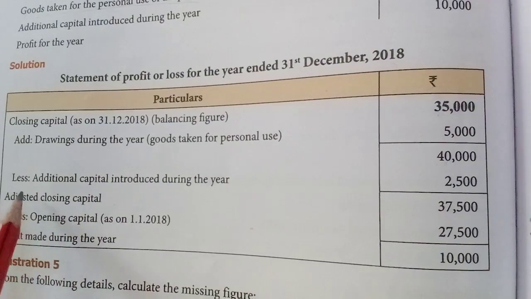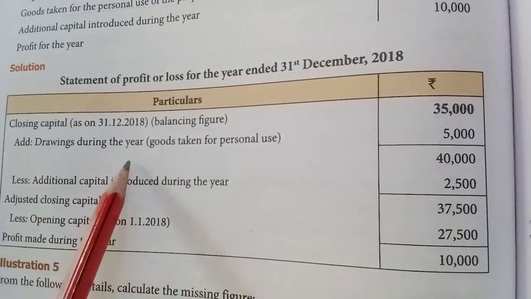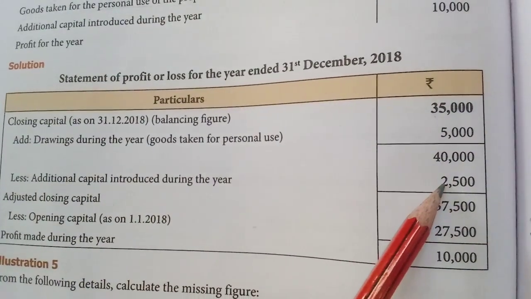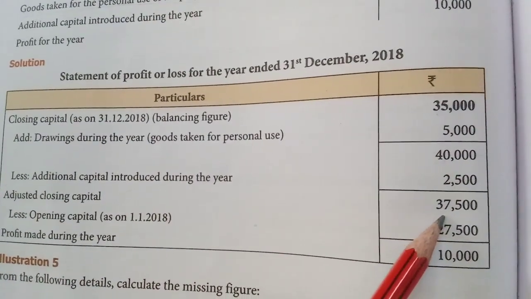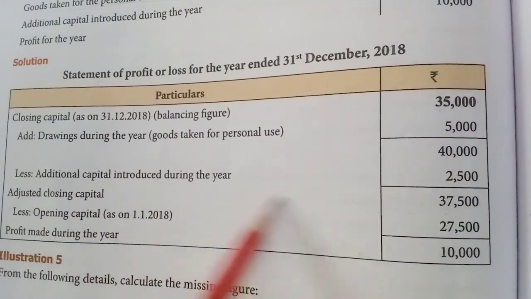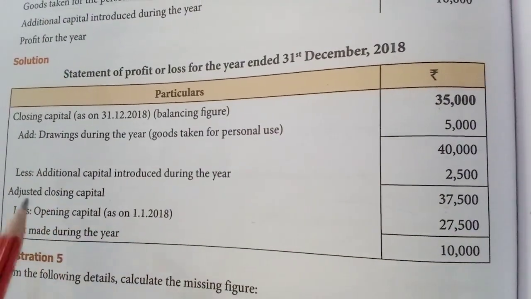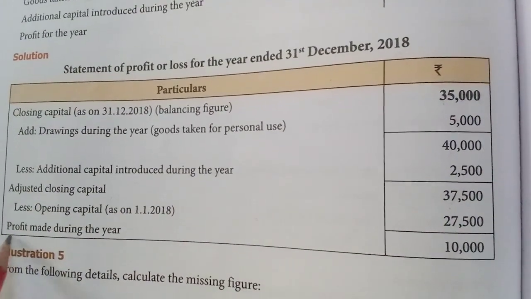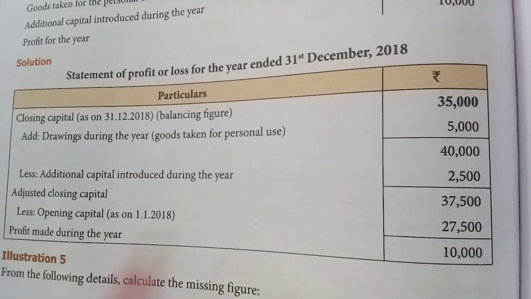Then leave space. Less additional capital, 2500. This amount we do not know. Draw line, leave this amount. Then there you write adjusted closing capital, then less opening capital, you write that amount. Then last you write profit.